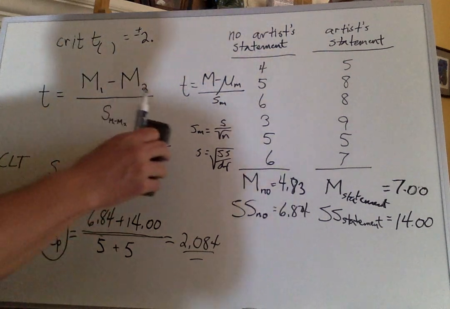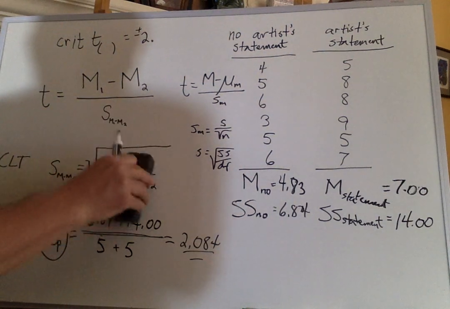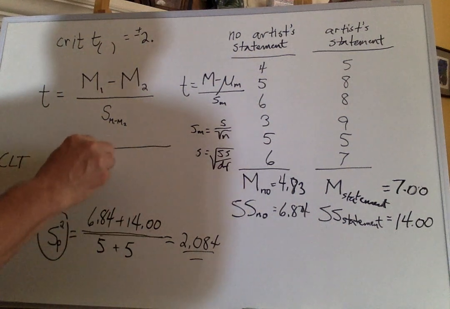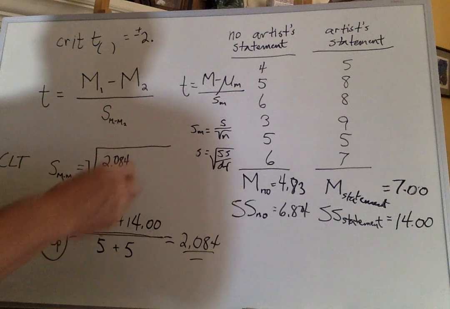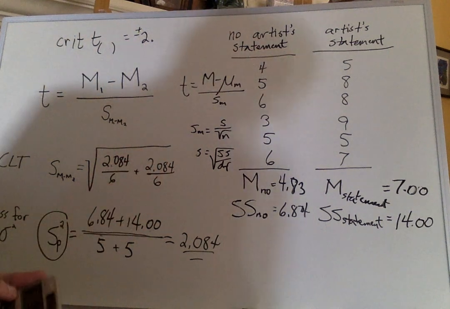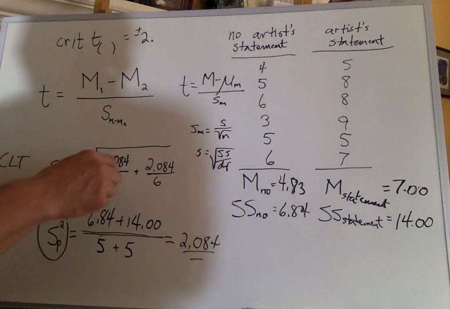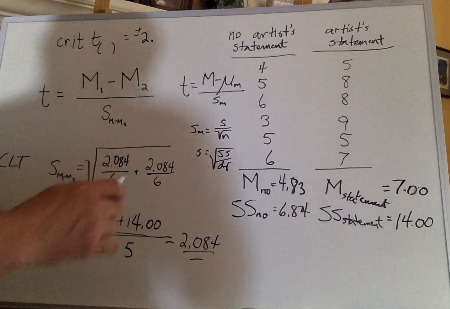So here we have $2.084 divided by 6 plus 2.084 divided by 6. Let's do that. 2.084 divided by 6. And we add it again, 0.69. Under here, 0.69. Okay.